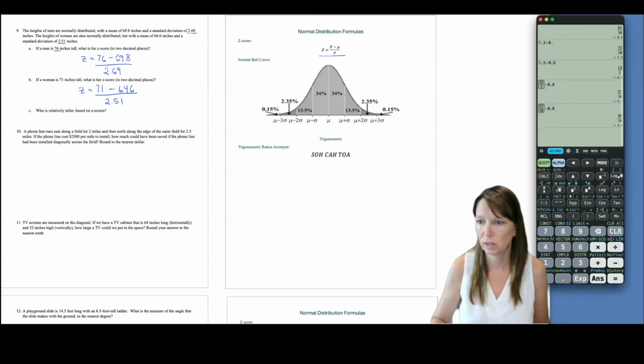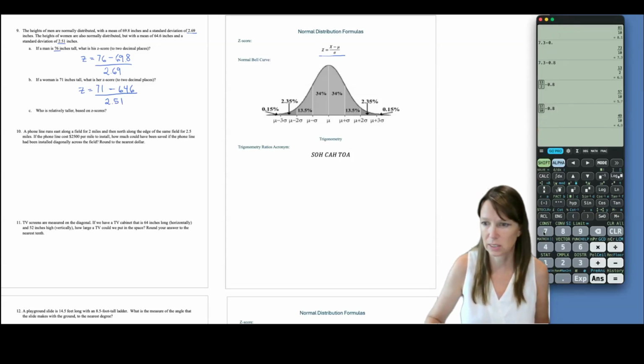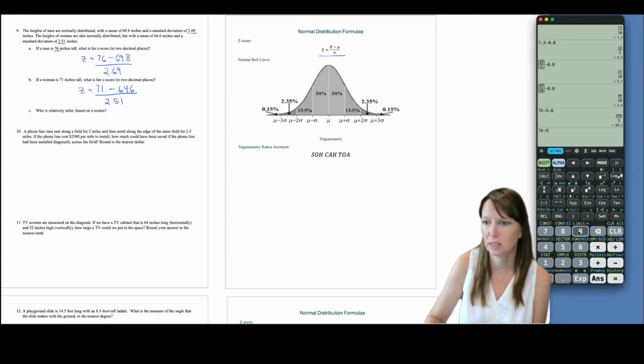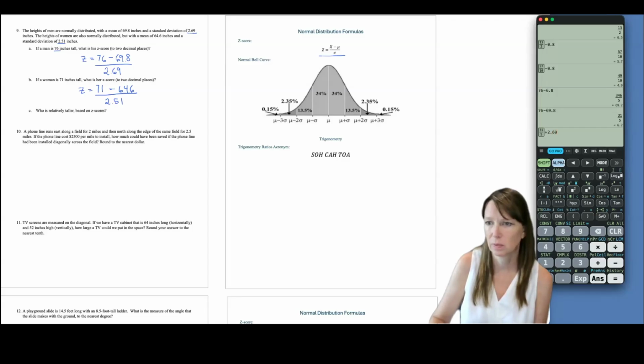So let's take 76 minus 69.8. Hit enter if you're going to do this one step at a time. Then divide that answer by 2.69.